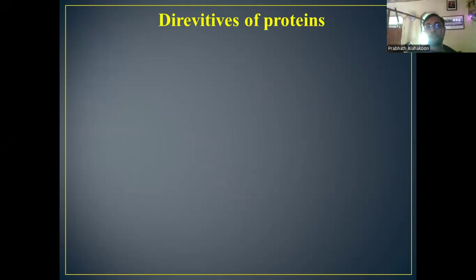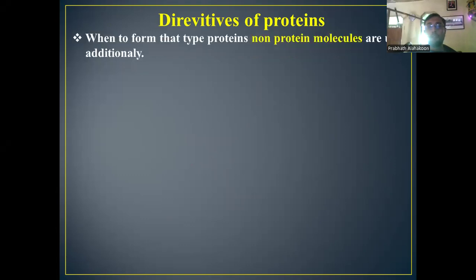Okay, now next topic is derivatives of proteins. To form this type of protein, non-protein molecules are bound additionally. Examples of derivatives of proteins: first is lipoprotein.